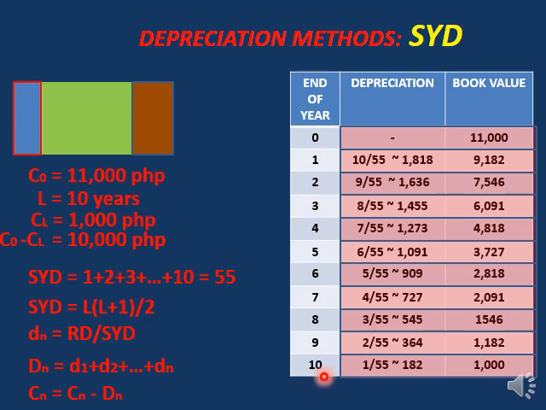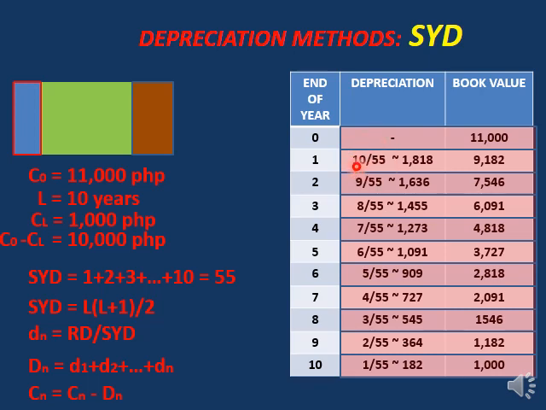When we count in reverse, we see here 10. So we have 10 divided by the sum of the year's digits, which is 55. So 10 out of 55 of the cost of service will depreciate.